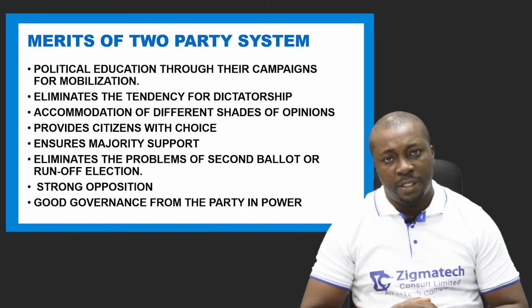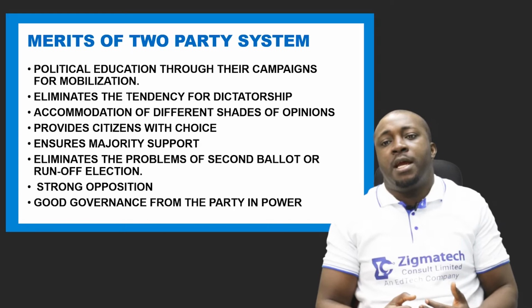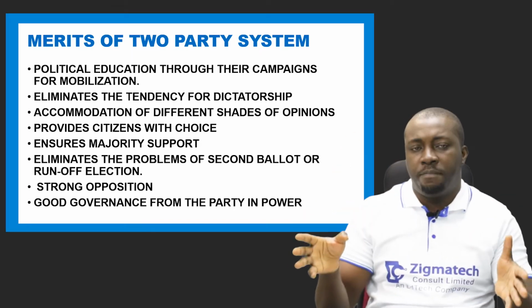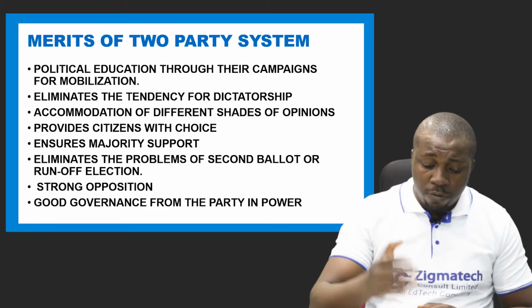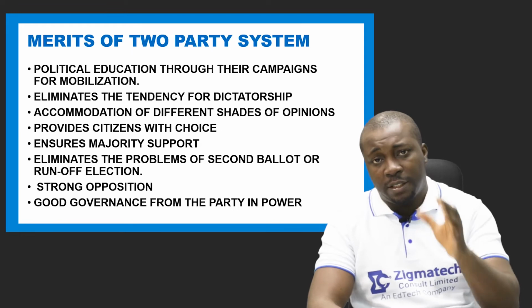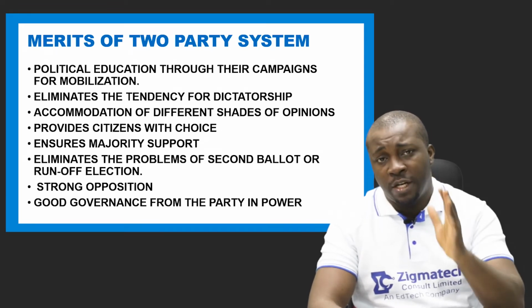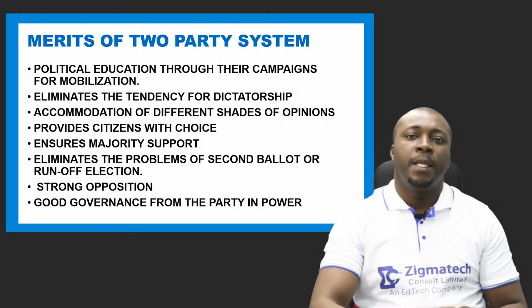And what happens there? There will be second ballot or runoff election. But what we are saying here is that because we have two parties operating, one party will always get that 51%. That is what we call absolute majority, 51% of the vote cast.